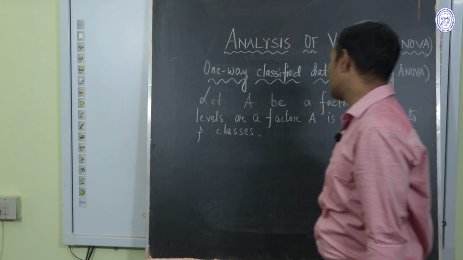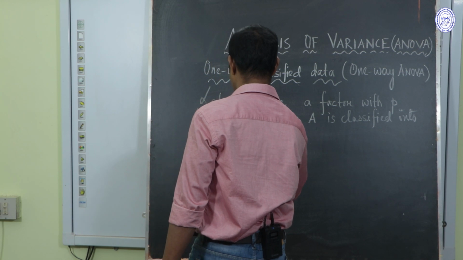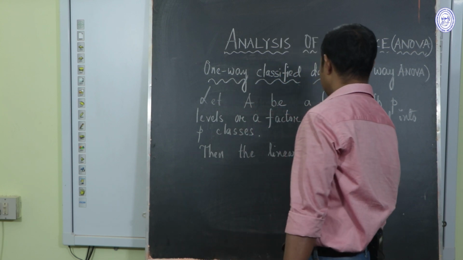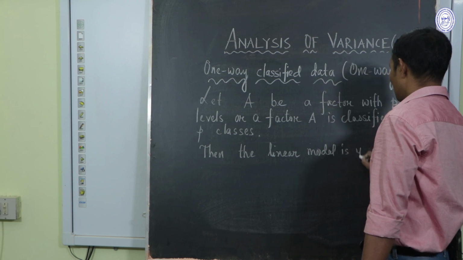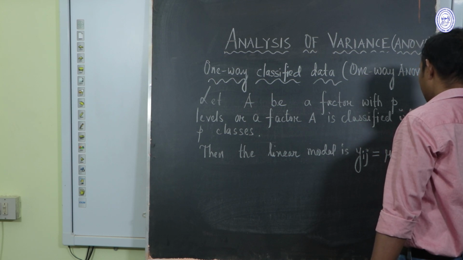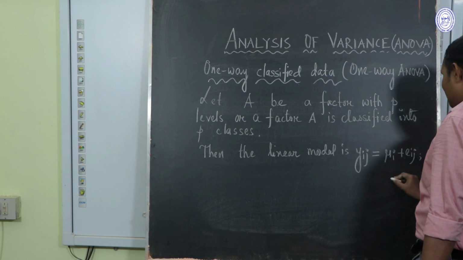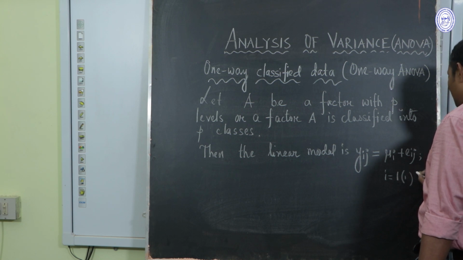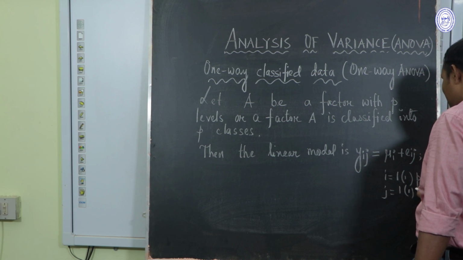Then the linear model is Yij equal to mu i plus Eij, where i equal to 1 to p and j equal to 1 to ni.